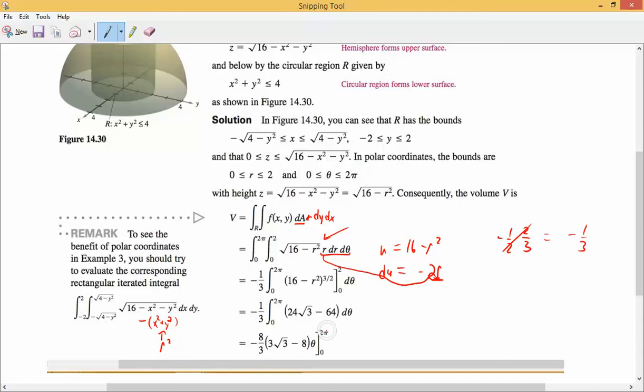And then you plug in 2 pi, and then you say minus, and you plug in 0. So really you're just plugging in 2 pi there. And when you plug in 2 pi, let's see, plug in 2 pi.